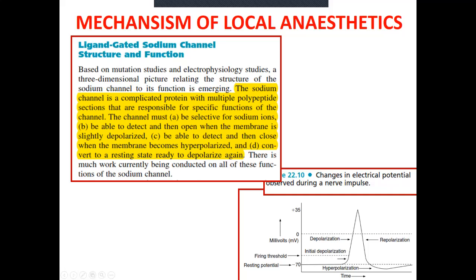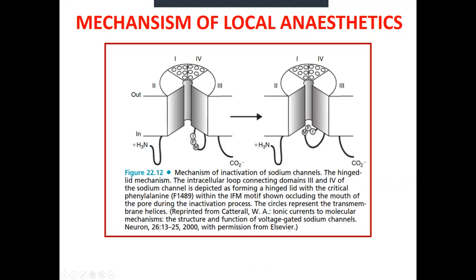This influx of ions at the depolarization state inside the cell causes repolarization outside the cell that leads to resting potential. The point below the resting potential is called hyperpolarization.